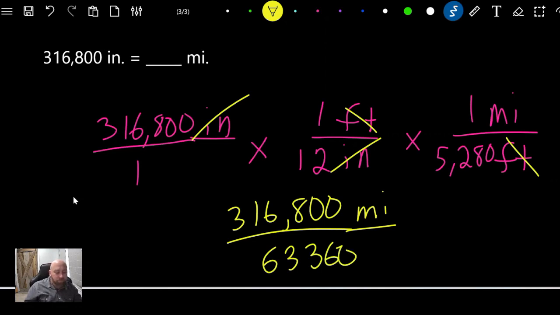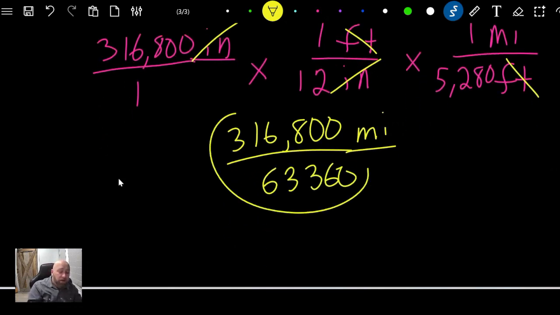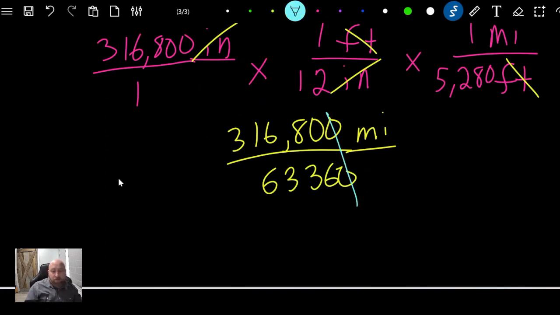All right. Now we need to go ahead and reduce that, and that's a big thing to reduce. So one thing that you could do is just cancel your zeros, and so now you're just dealing with these numbers. That would be fine. Or you can just see if you can divide it into it and see what you come up with.